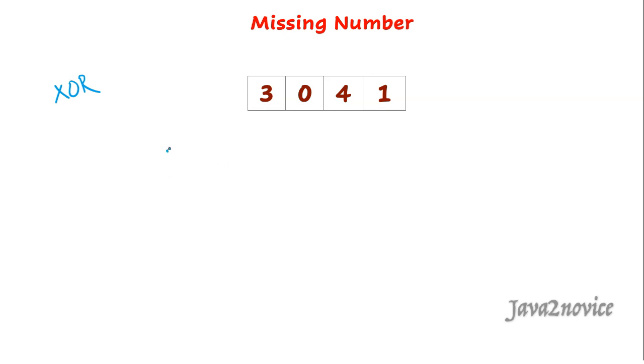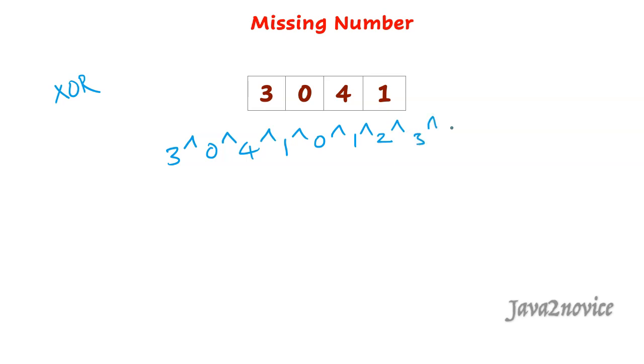Let's apply. 3 XOR 0 XOR 4 XOR 1 XOR along with all numbers in the range: 0 XOR 1 XOR 2 XOR 3 XOR 4. We know how the bitwise operator works. It returns 0 on the same input bits.